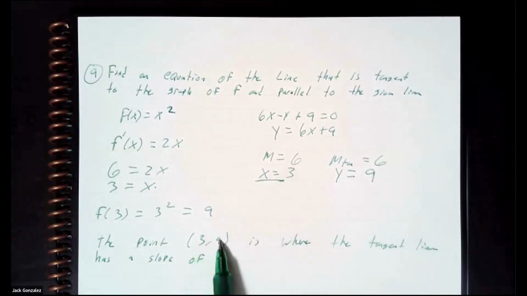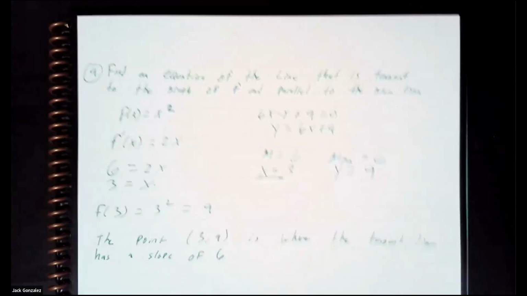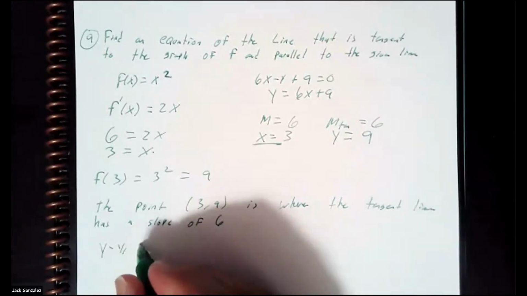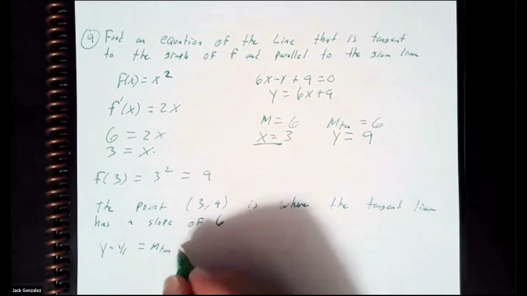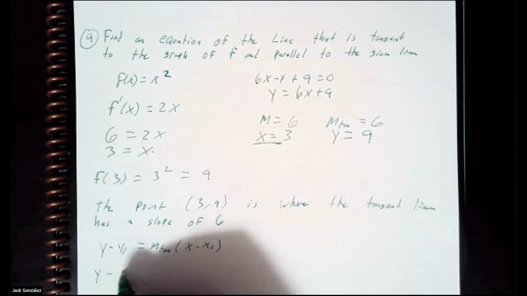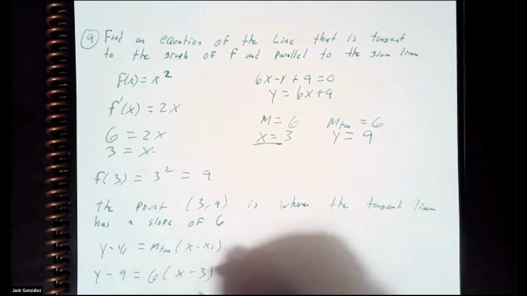Once I have that point, I can find the equation of the tangent line because I have a slope and a point. So y minus y1 equal to m tangent times x minus x1 will be y minus 9 equal to 6 times x minus 3.